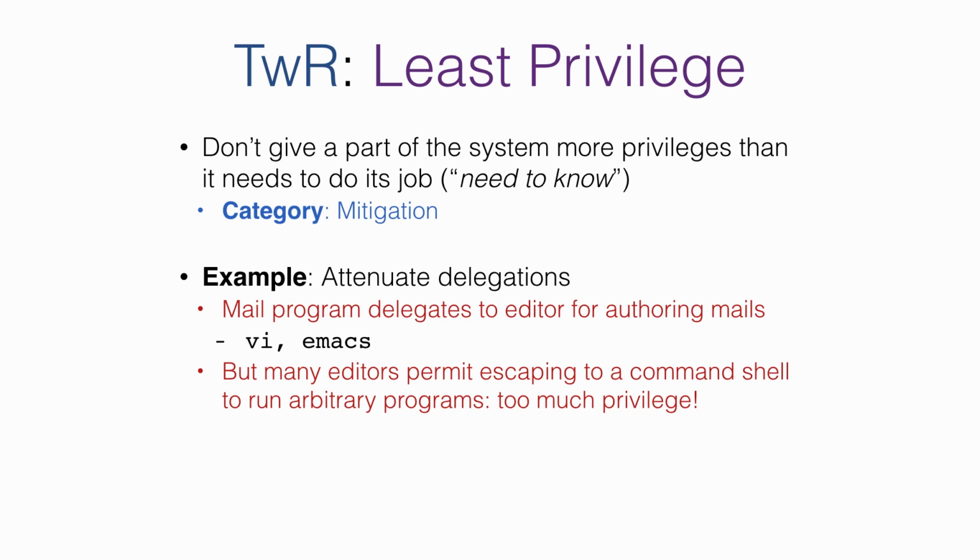For example, they permit escaping to a command shell to run arbitrary programs. This is too much privilege for an email program, because if we gave an untrusted user access to the email program, they could author an email and then use the delegated email editor to execute arbitrary shell commands. A better design is to use a restricted editor that only allows the user to perform the functions that are absolutely necessary to author emails.